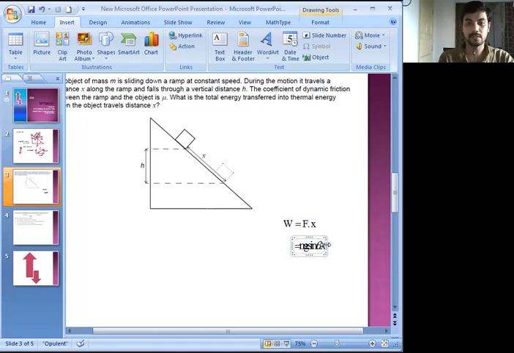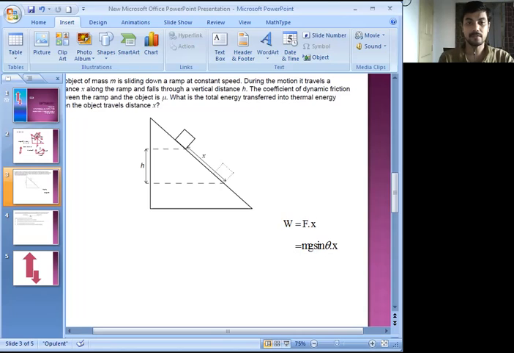Take a look. Instead of the force, I've written mg sin theta, W sin theta, because over here the object is moving with constant speed. So the frictional force is W sin theta. That's what I've used, so that's the value of work done against friction.